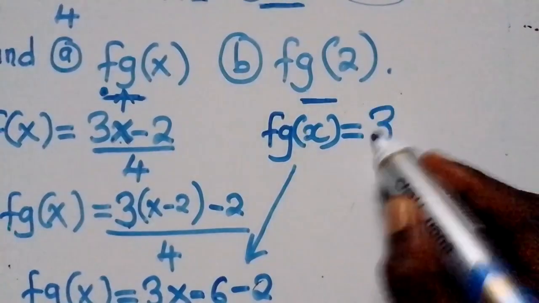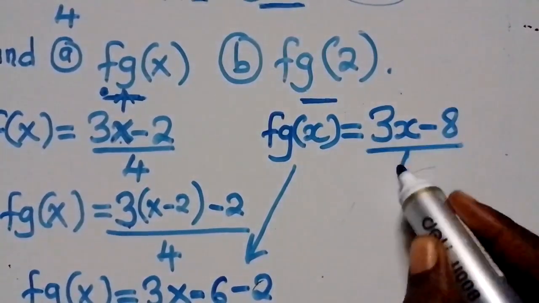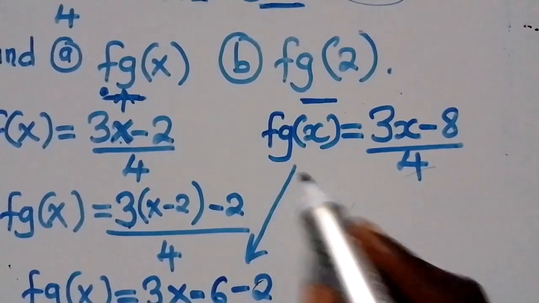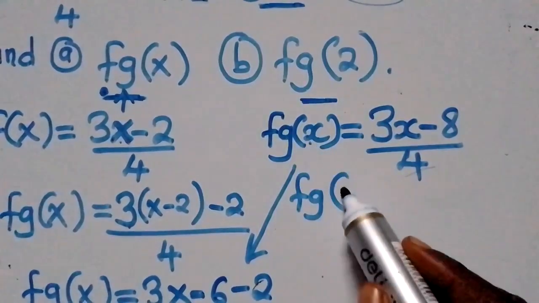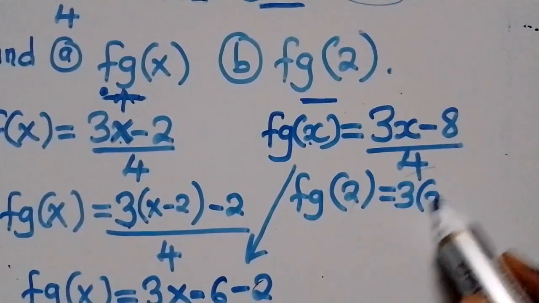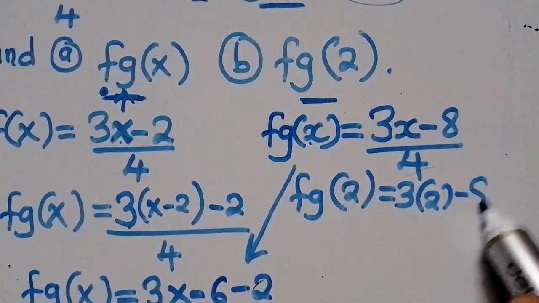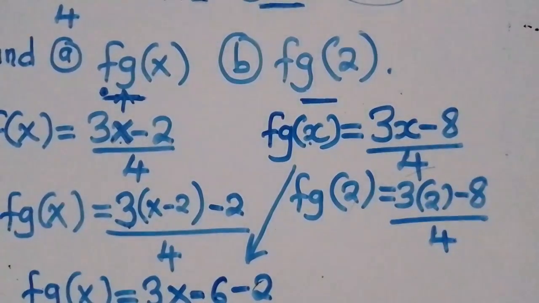This is 3x minus 8 over 4. Then you say fg of, where there is x now you put a 2, which is equal to 3 times 2 minus 8 over 4.